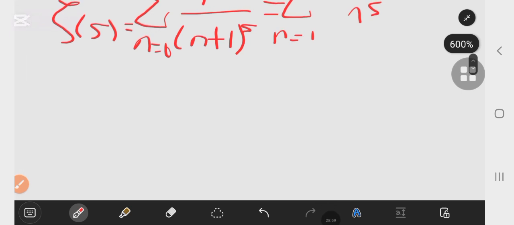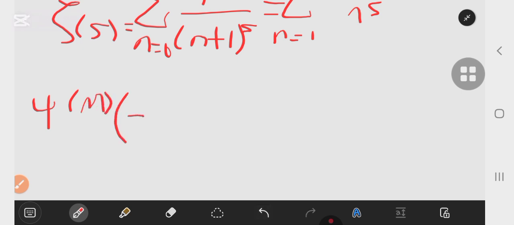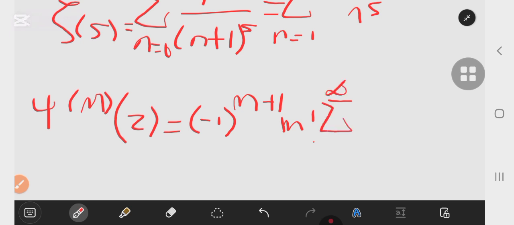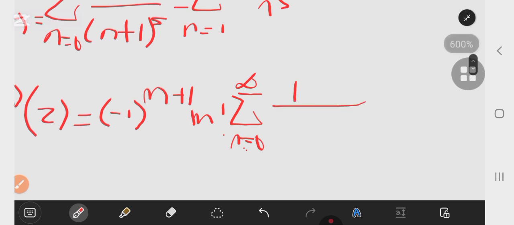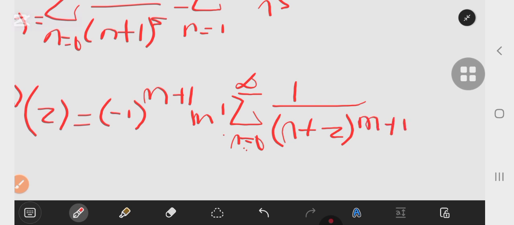It is defined as Polygamma m of z is equal to minus 1 to the power of m plus 1 times m factorial, all into the sum to infinity of n from 0 of 1 over n plus z to the power of m plus 1. So this is what the Polygamma function is defined as.